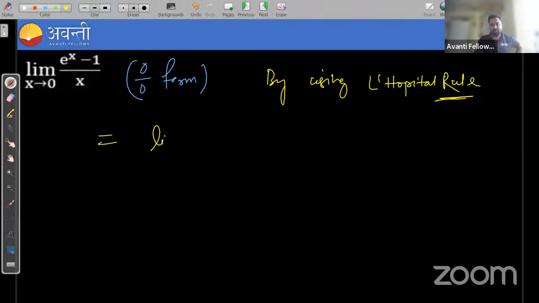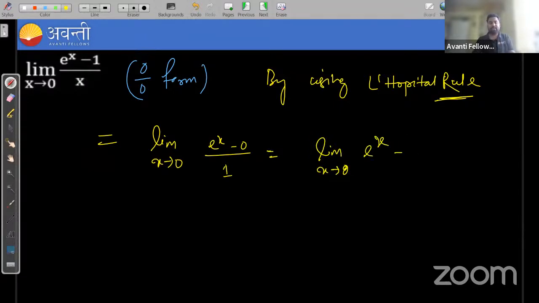This limit will be equal to the limit as x tends to 0 of the derivative of e raised to x, which is e raised to x, and the derivative of 1 is 0, upon the derivative of x, which is 1. So simply we have the limit as x tends to 0 of e raised to x, that is e raised to 0, which is equal to 1. So this is my answer.